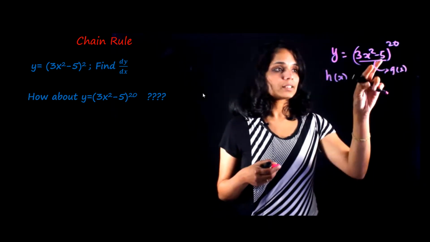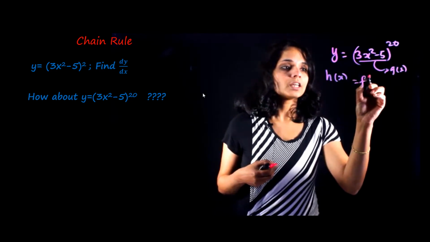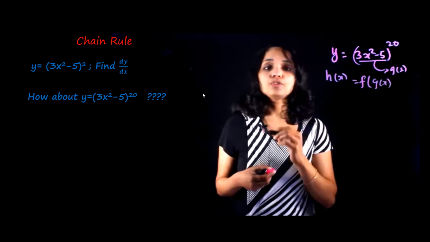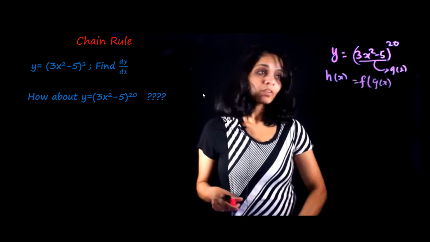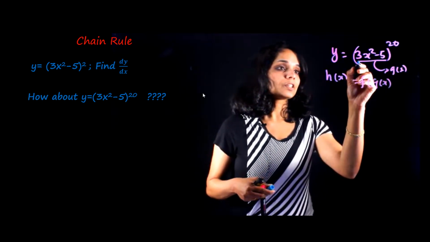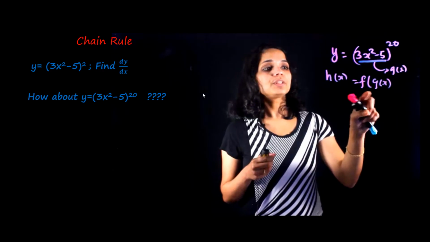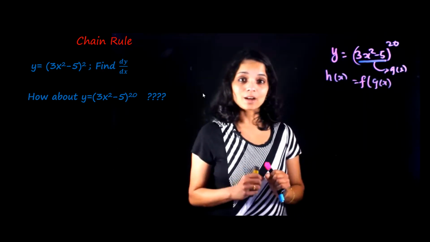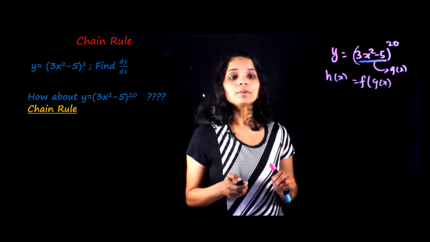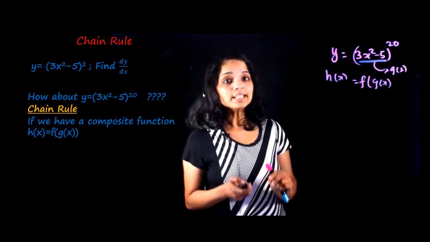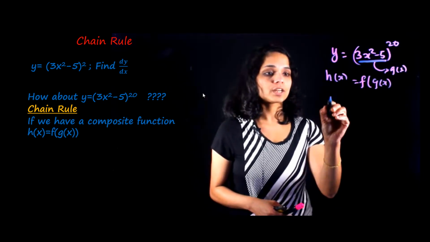That means g of x to the power 20, so that's a function of g of x, f of g of x, where g of x equals 3x squared minus 5. A function of this form, f of g of x, is known as a composite function. And for any composite function of this form, we can find the derivative of h, or h dash x.